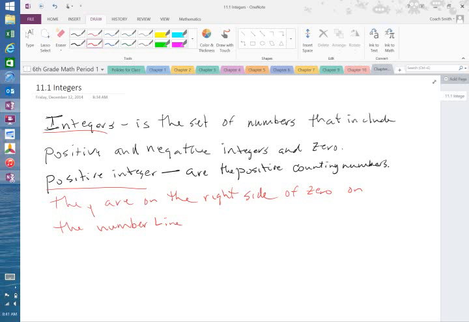All right, so if positive integers are the positive counting numbers and they fall on the right side, then negative integers are the negative, what we'd call counting numbers.